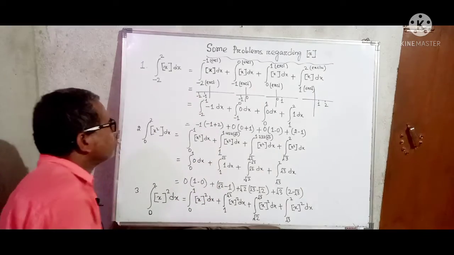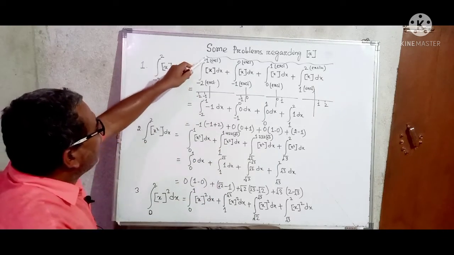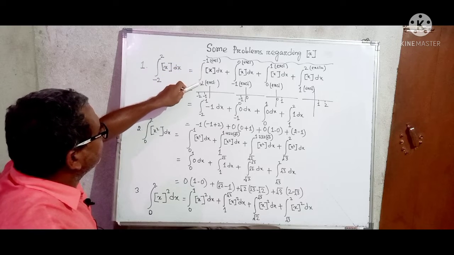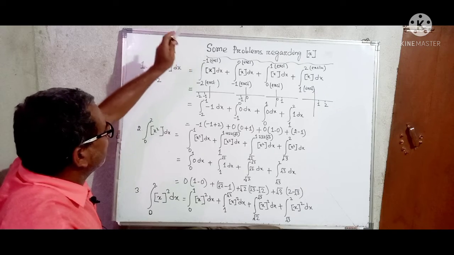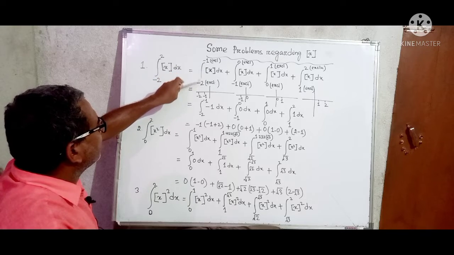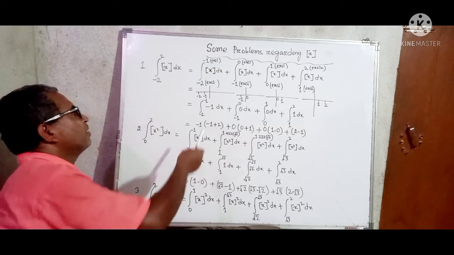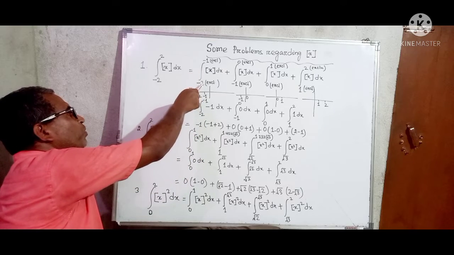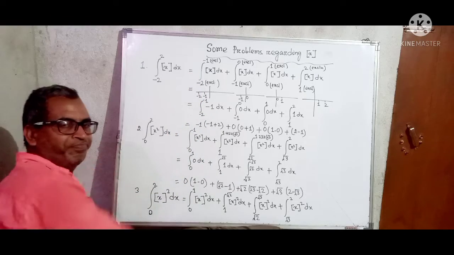You will have to resolve the interval into sub intervals in such a way that the function is continuous in those sub intervals. So I have resolved like this: -2 to -1, because this function is continuous here. Of course, here you will have to exclude -2.